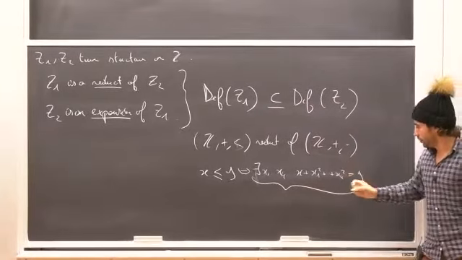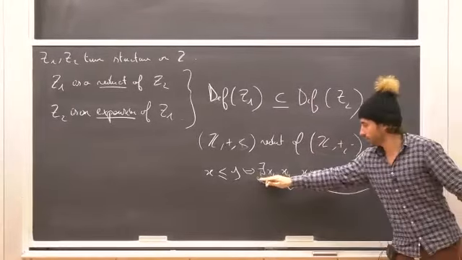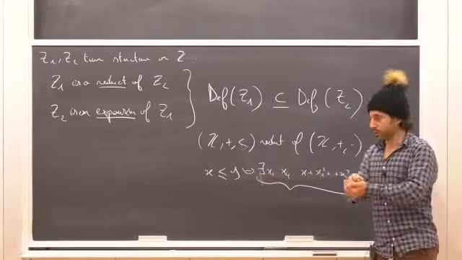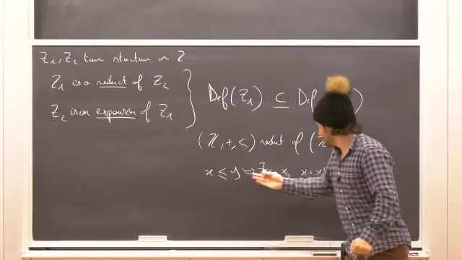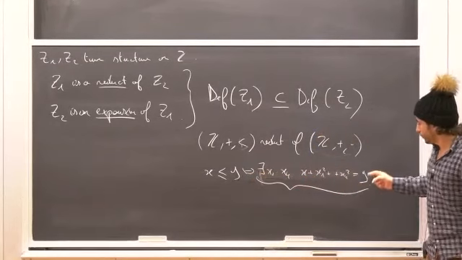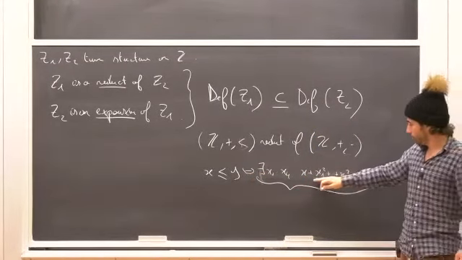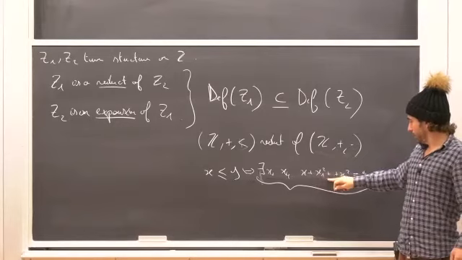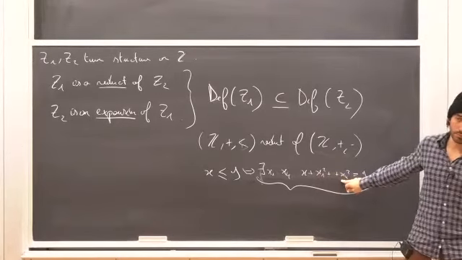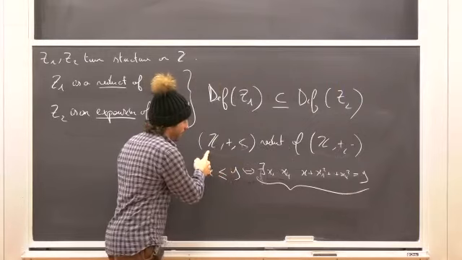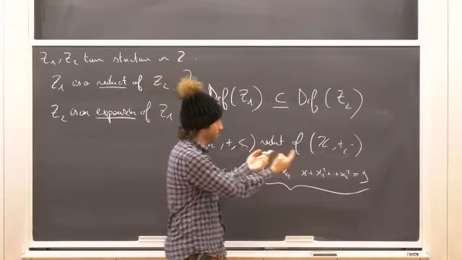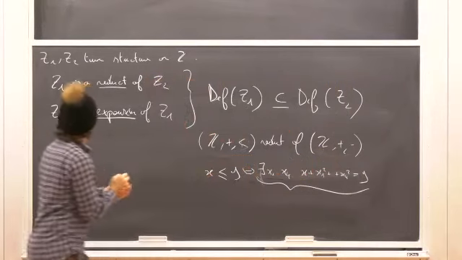I have multiplication, and then only sums, and quantifiers are over the whole model. And why is it equivalent? It's because every natural number, every positive number, can be written as a sum of four squares. So that's a way of seeing that every definable set here will also be definable here.